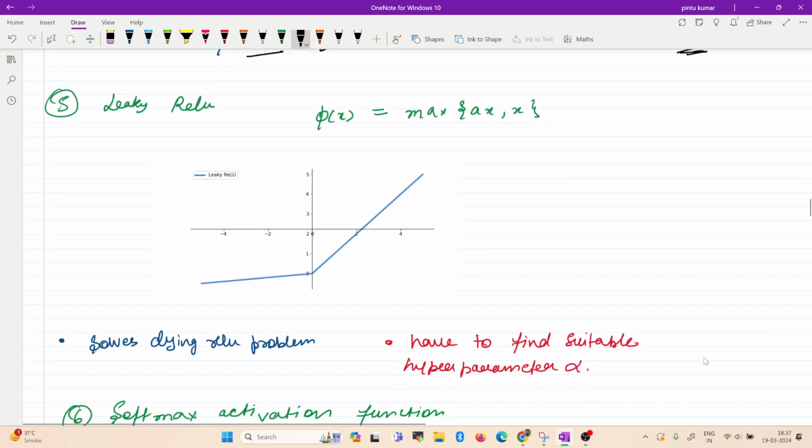So to overcome that, what we can do is we can define something that is known as leaky ReLU. So earlier you had at x is equal to 0, you were having value 0, right?